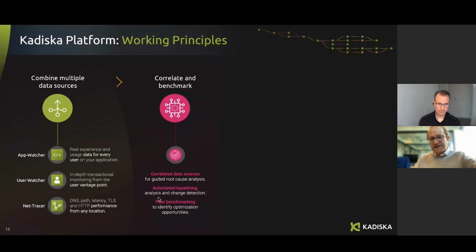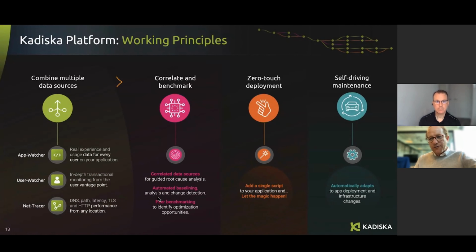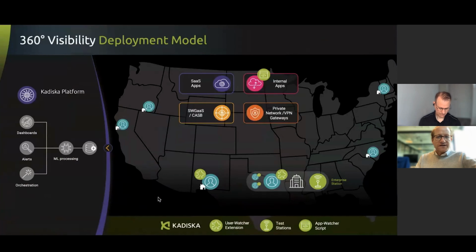All of that is accessed through a single platform, which can be instantly deployed and has self-driving maintenance in place. So when we look at a specific enterprise case, for example, say you have a set of users connecting to a set of both internal and SaaS applications wherever they are hosted, using a mix of VPNs and secure web gateways to access that.